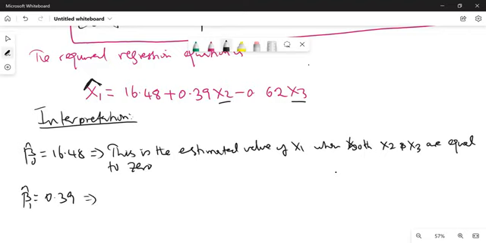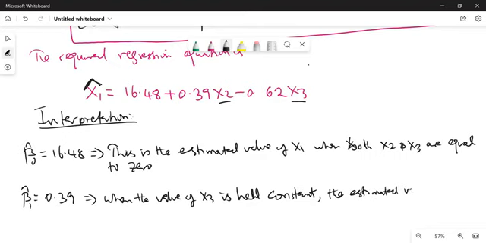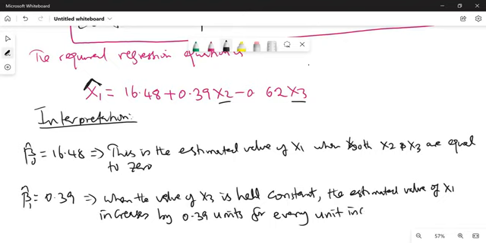This means that when the value of x3 is held constant, the estimated value of x1 increases by 0.39 units for every unit increase in the value of x2. Hope you got that.